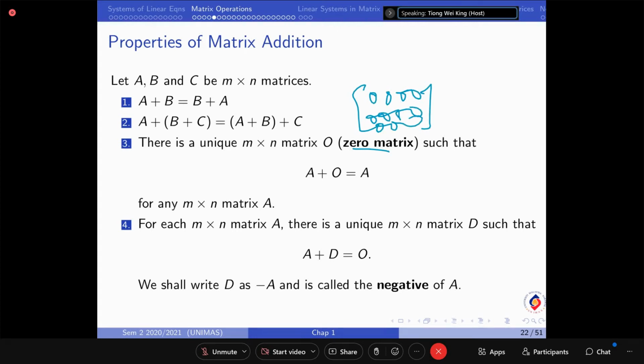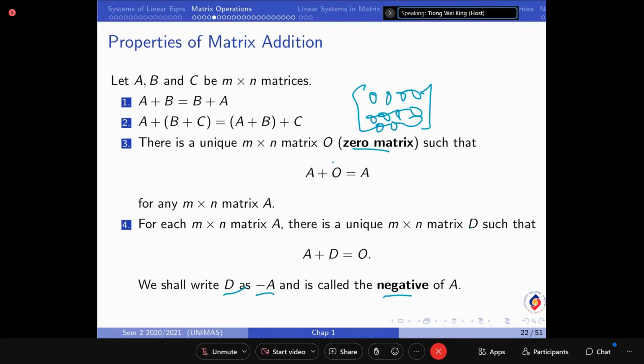Such that A plus O equals A. So anything plus the zero matrix equals itself. And for each M by N matrix A, there is a unique M by N matrix D such that A plus D equals the zero matrix. So we write D equals negative A, and this is called the negative of A.